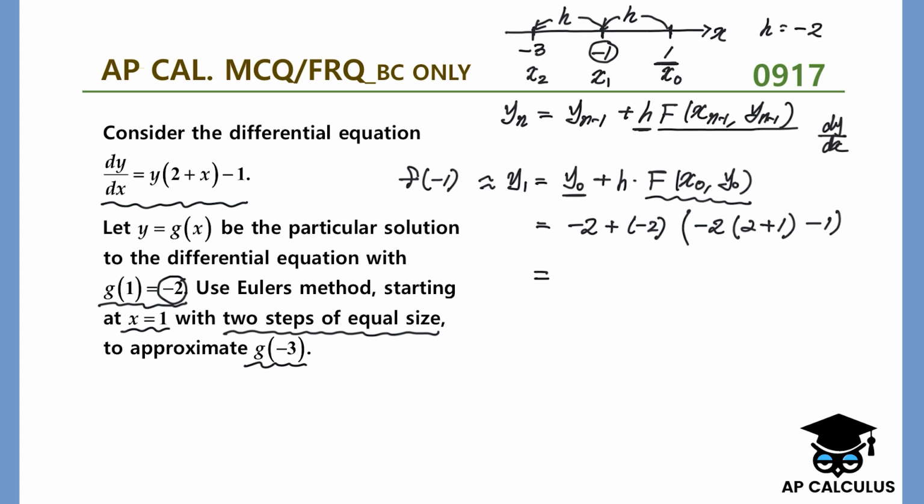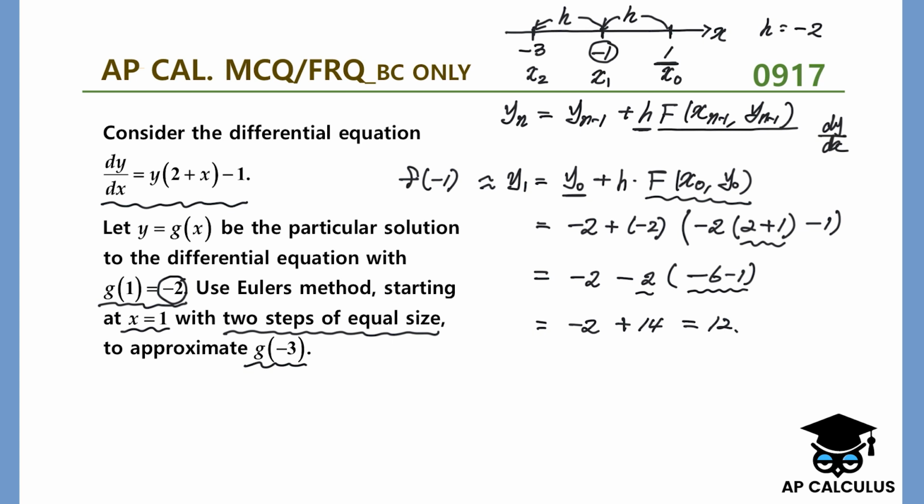So that's going to be -2 minus 2 times (-2 times 3 minus 1), which is -7. So plus 14. So that's going to be equal to 12, right?